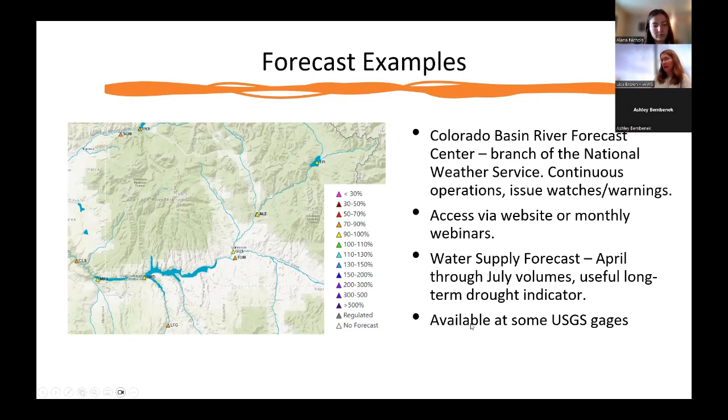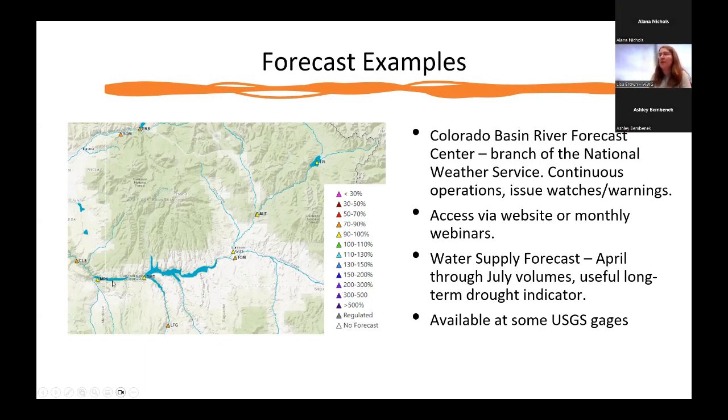And this map that I'm showing here is where they are offering their water supply forecasts. So we've got one for Taylor Park. I think we've got both the East River at Almont and then the Gunnison. And then we've got the Gunnison River near Gunnison, Tomichi at the mouth, basically. And then they're also forecasting Lake Fork at Gateview.